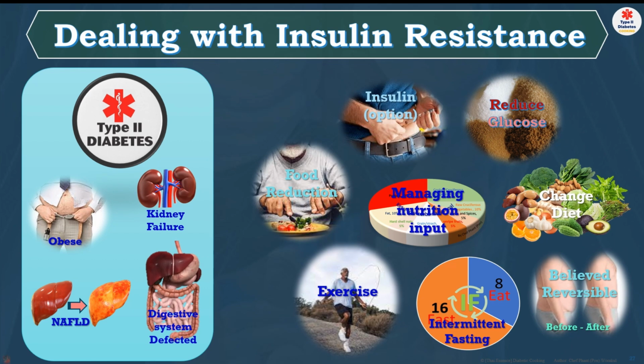So in dealing with insulin resistance, really the four main things you have to know are obesity, kidney failure, non-alcoholic fatty liver disease, and your digestive system defect. So you have to use food to correct all those.